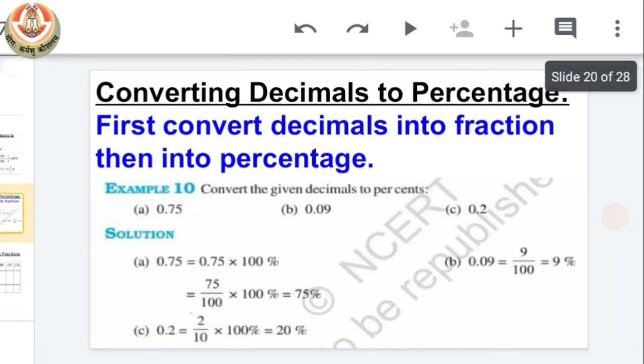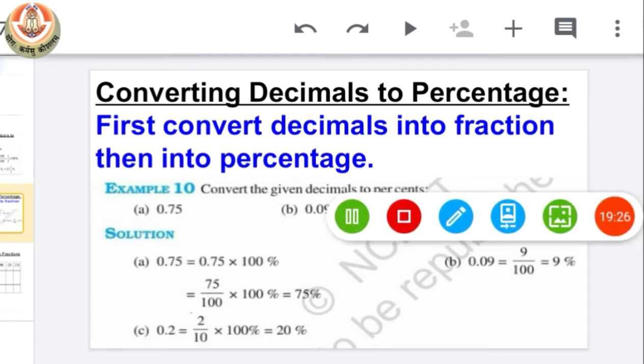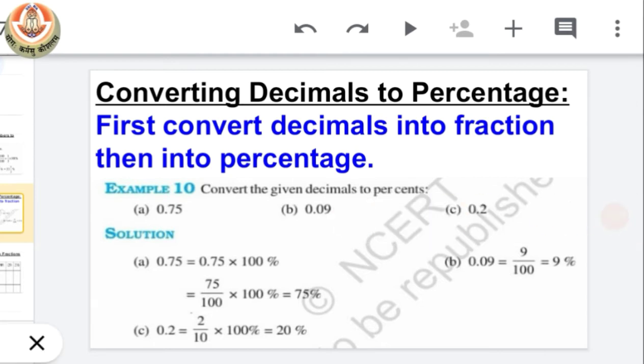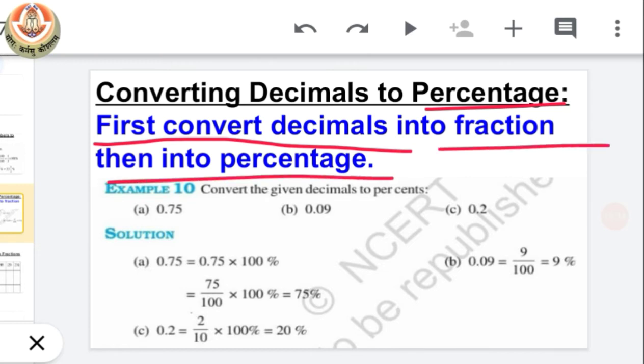Now the second thing is how we can convert a decimal into percent. First we have to convert the decimal into a fraction, and then easily multiply that fraction by 100 and we get it in percentage. You can see, first convert the decimal into a fraction, then into percentage.